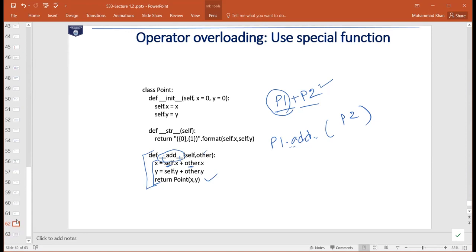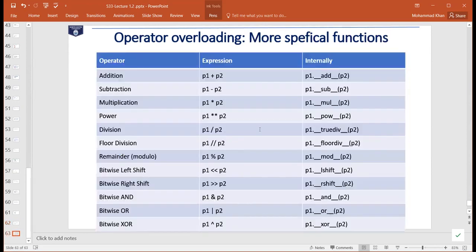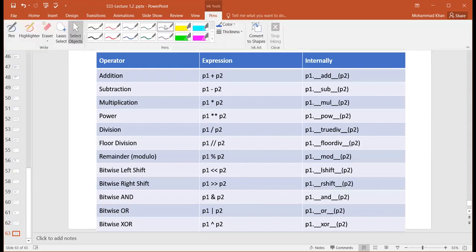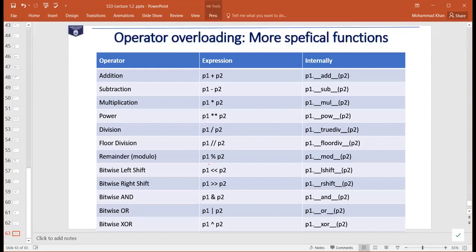Now we can use almost all of the Python operators. There is a partial list for that. If we use plus, internally it will be translated like this, and we need to implement this function. If we have a user-defined class that does not implement this method, then this operation will throw an exception.